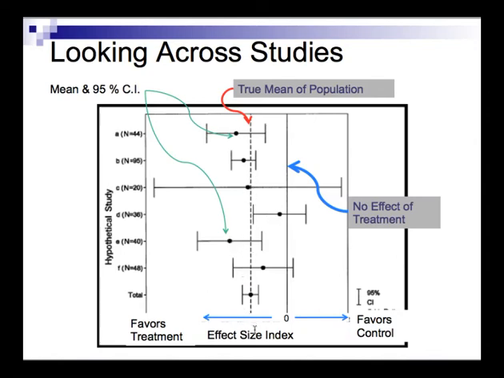So we see them here. Now, the theoretical true mean is here. It's this dotted line. So we know that's the actual number. We can never measure that, but we know it's somewhere in here, right? And so what we can see is that there's some benefit to this treatment, obviously, here, right? But then this is the effect of 0, so there's no effect. So we're favoring two groups. If the 17-point favored the treatment, so in this case we're favoring the do as tolerated, it would lean over this way, 17 points.